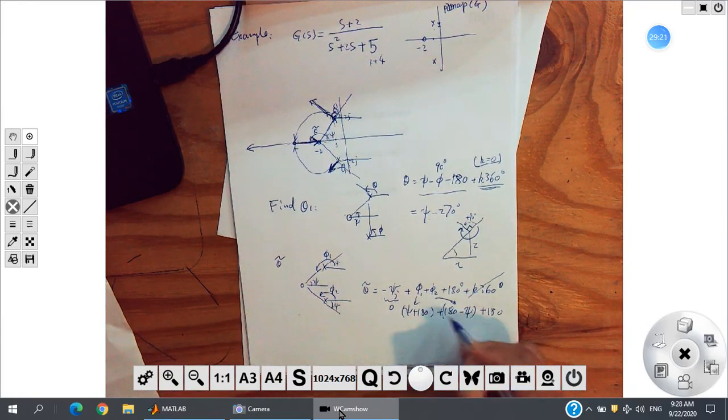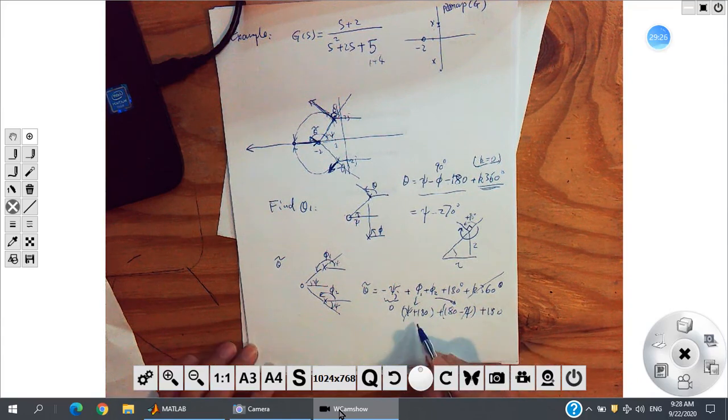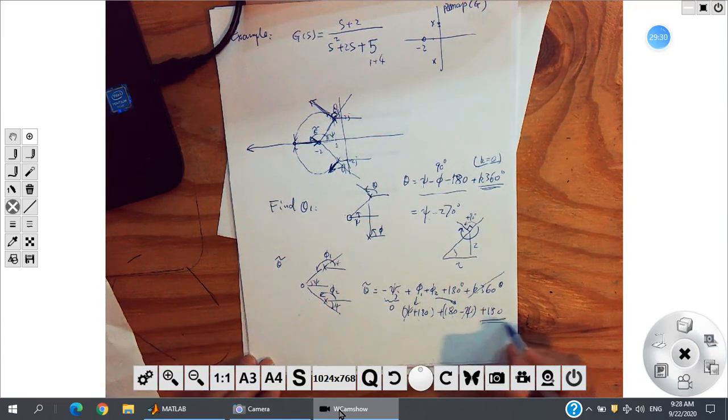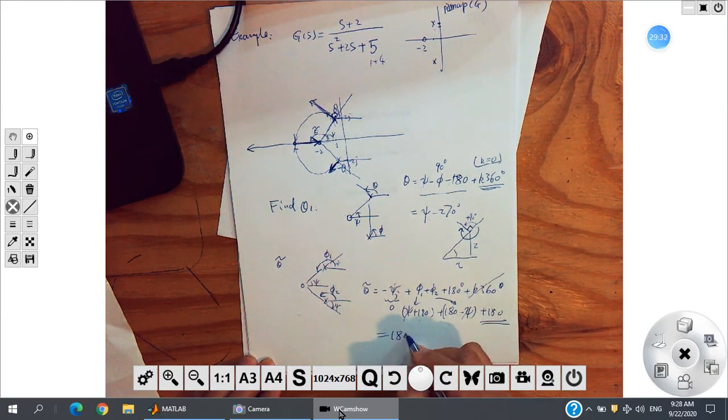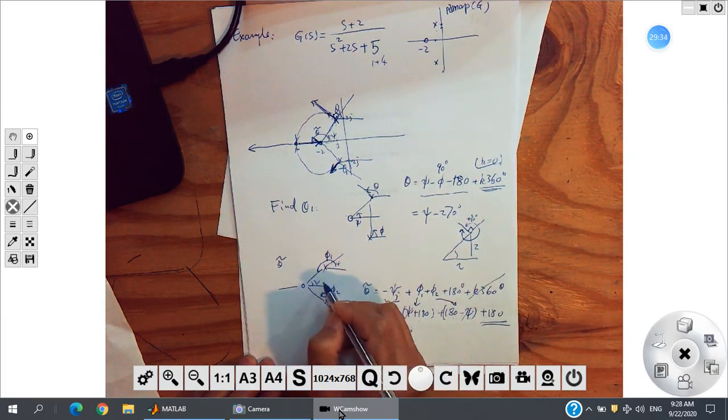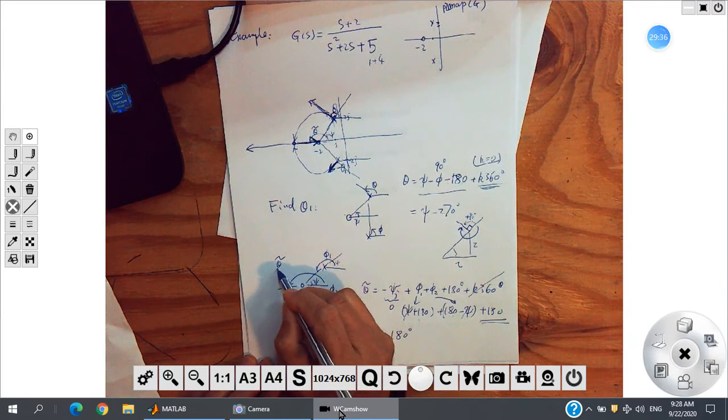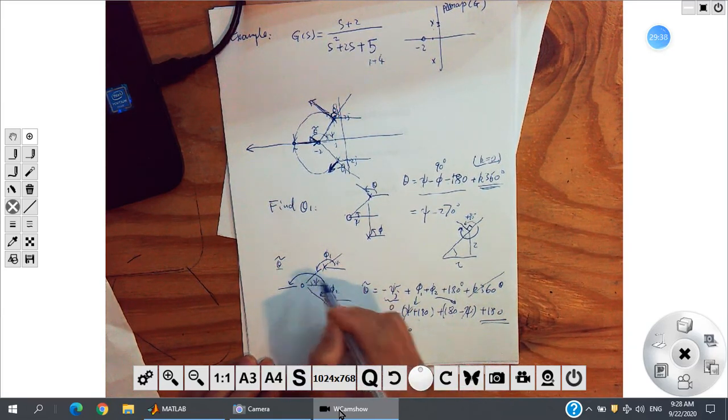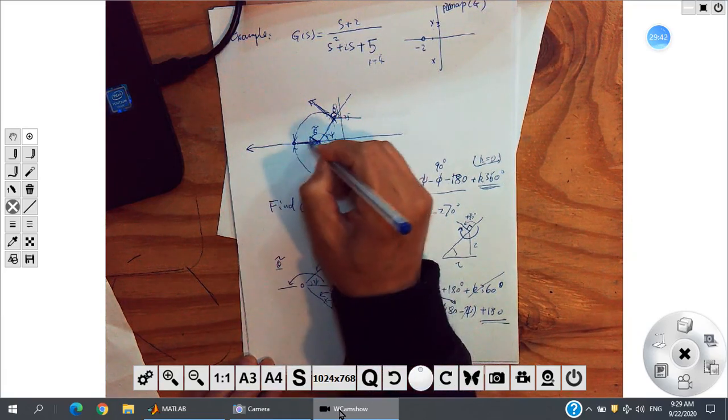You see, these cancel, one positive, one negative, and 180 plus 180 goes back to 0. So the answer is just 180. This is theta third, just 180. Go along this way, no problem.